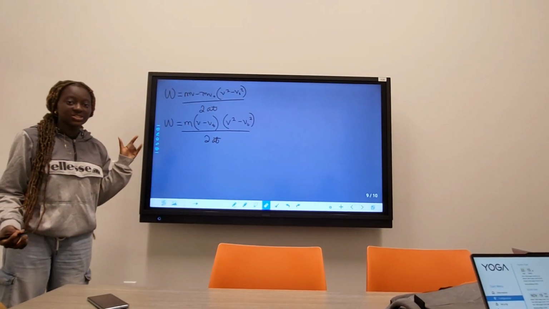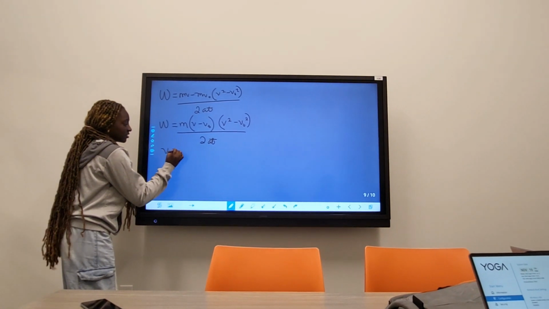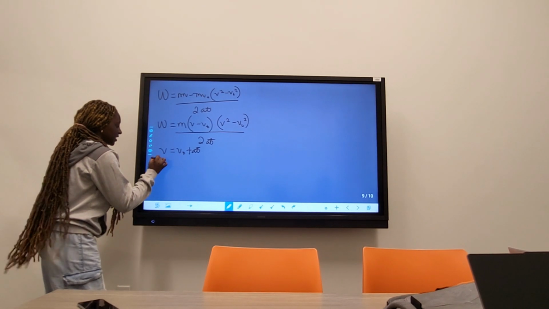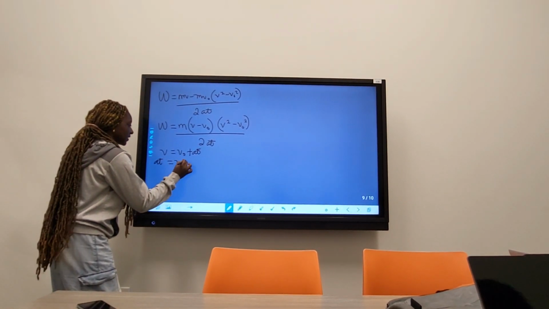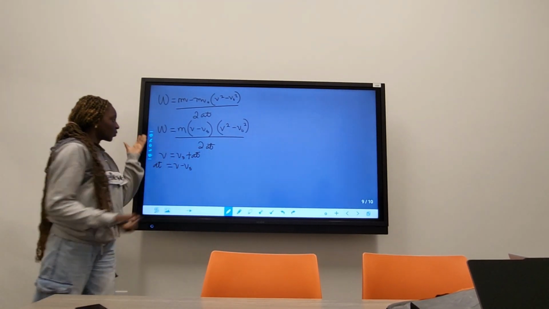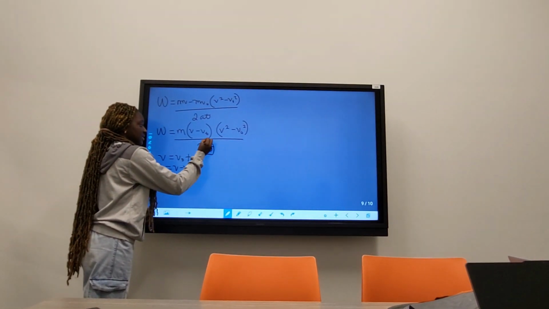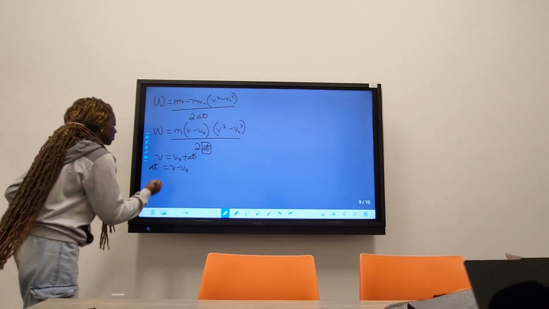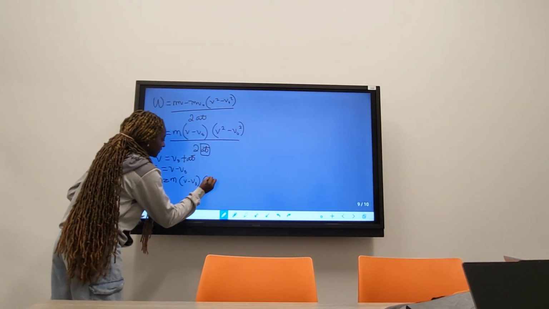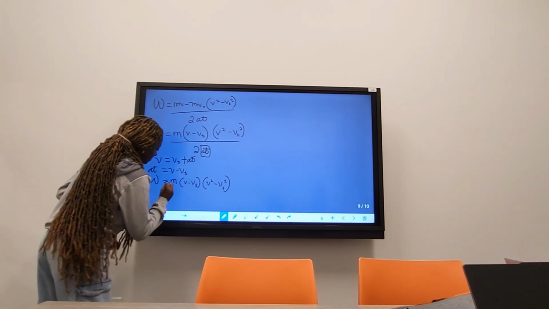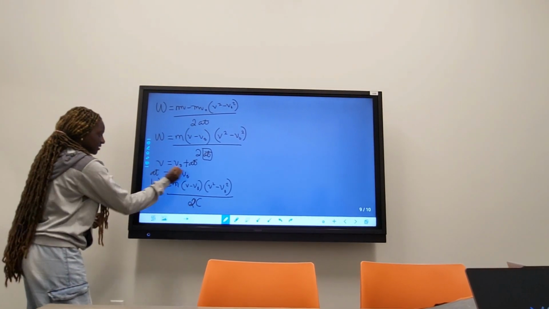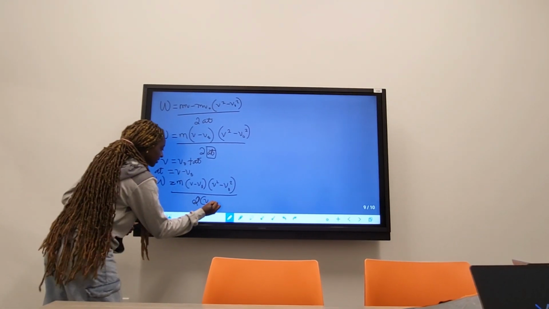Okay, so going back to our Stewart equations, we have v equals v naught plus at. We're going to make at the subject here, so we have at, which is equal to v minus v naught. If you look at our equation for work done here, we can see at, so we can substitute this at into the equation. So W equals m(v minus v naught)(v squared minus v naught squared) all over 2 into the bracket, the formula for at we got here, v minus v naught.